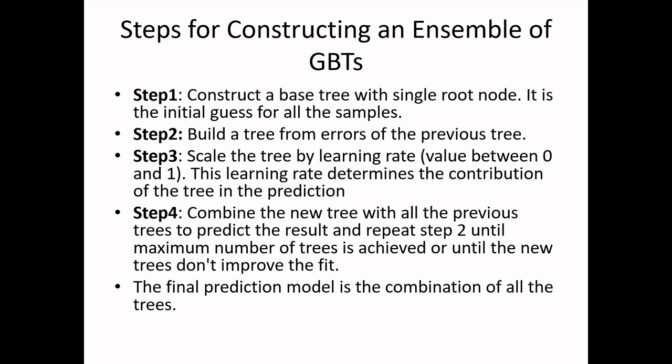You want to just build a very small tree with either 2 nodes or 4 nodes. So you build another tree, and in most applications that tree will give you some improvement in your result, but it will not give you the ultimate result that you want.